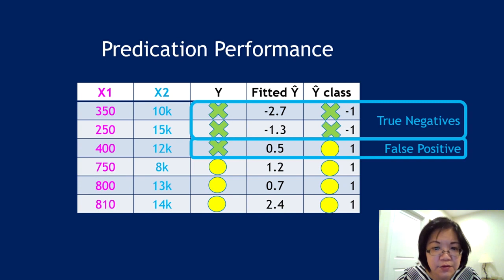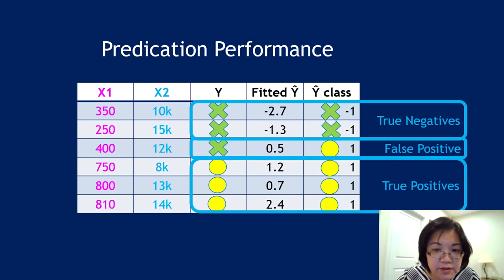This is a false positive, so this is a misclassification. The actual y is a green cross, but the y hat class is actually a dot. So a negative is misclassified as a false positive. These are positives, and they're actually correctly classified as positive.